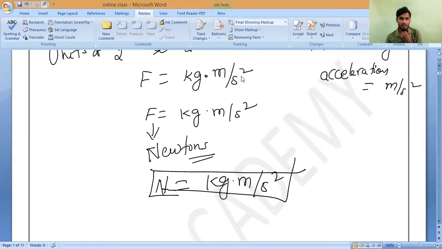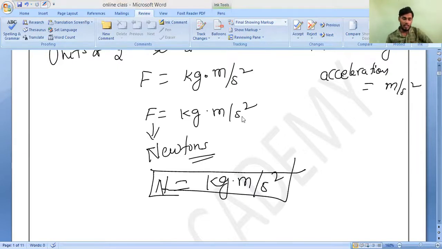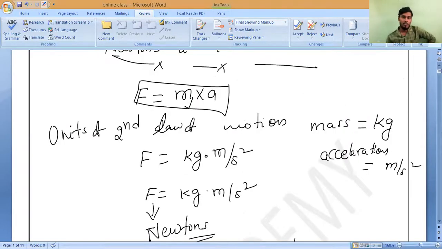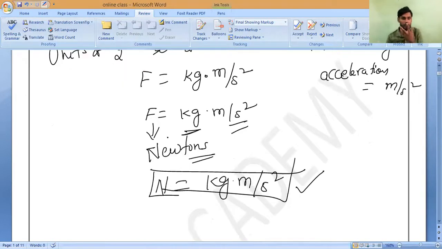Do you understand? Laksha? Alana? Yes, sir. The unit of Newton's second law is kilogram meter per second square, because the unit of mass is kilogram and the unit of acceleration is meter per second square. If we multiply them, we get kilogram meter per second square.